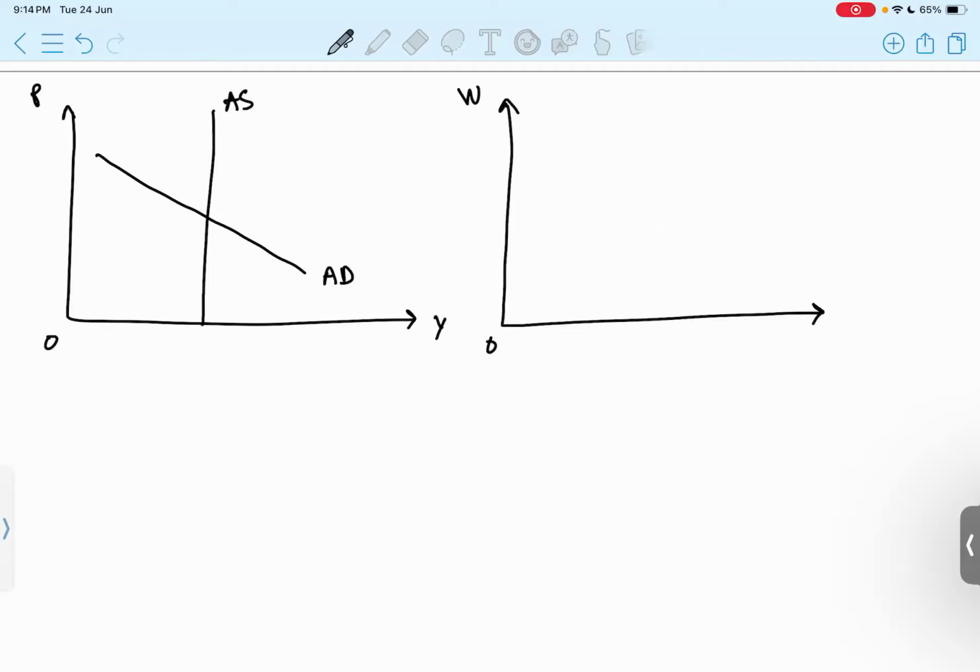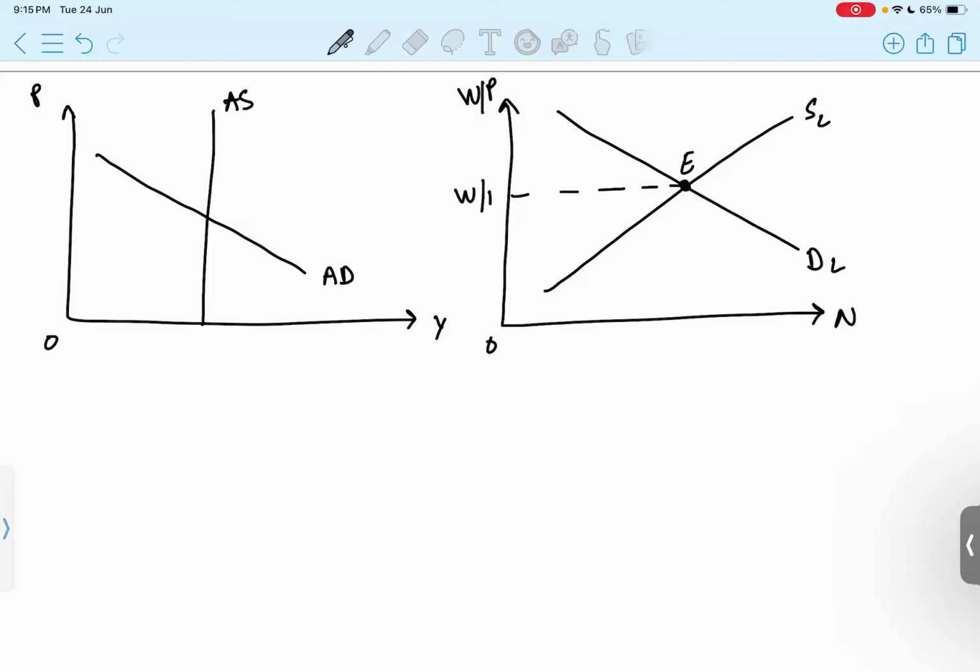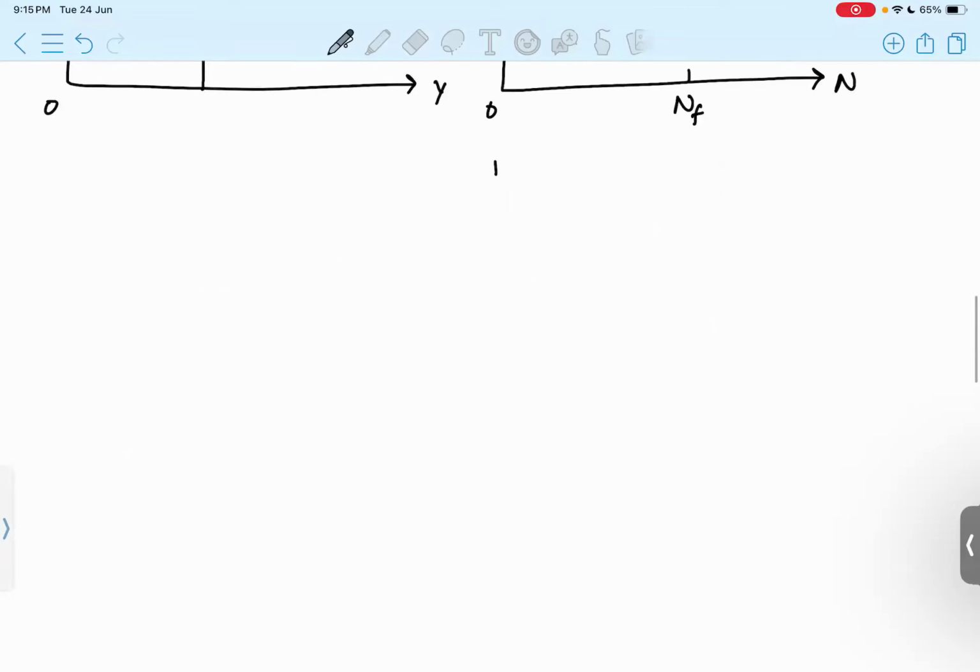We have real wages and the amount of labor which is employed. This is the supply of labor. This is the demand for labor. Equilibrium is at point E. This is the real wage rate here. This is the amount of labor employed.